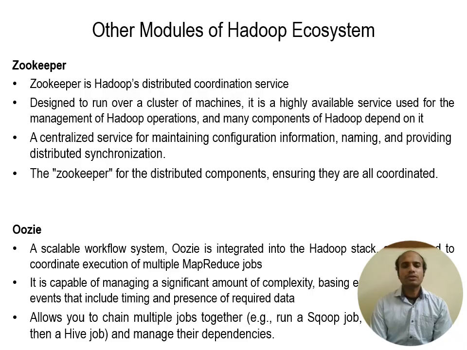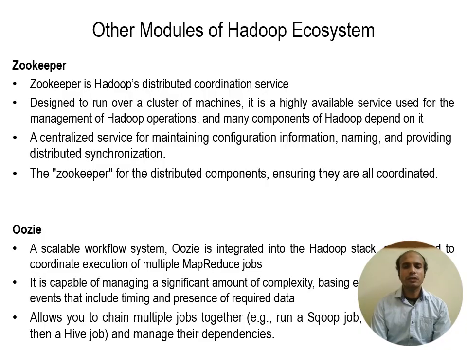Zookeeper is the coordinator making sure everyone in the cluster is on the same page, like who the active master is. It is Hadoop's distributed coordination service designed to run over a cluster of machines.